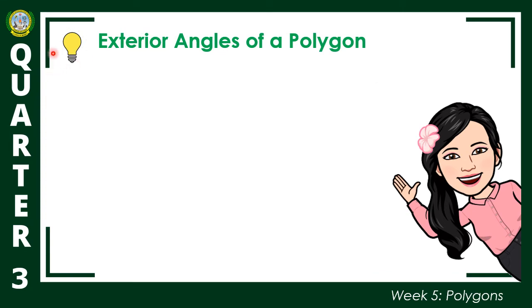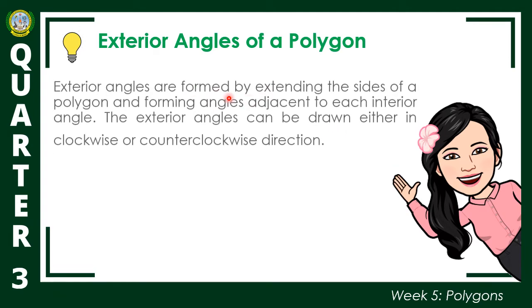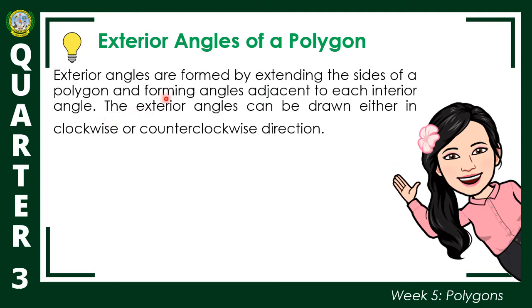Paano naman po ang exterior angles of a polygon? Okay, so this time naman po, polygon lang yung nakalagay. Ibig sabihin, pwede natin itong i-apply sa kahit anong klase pa ng polygon, kahit siya ay hindi regular. Exterior angles are formed by extending the sides of a polygon and forming angles adjacent to each interior angle.